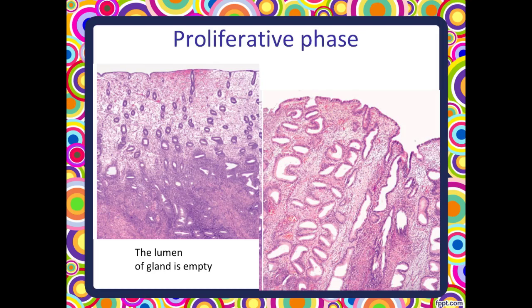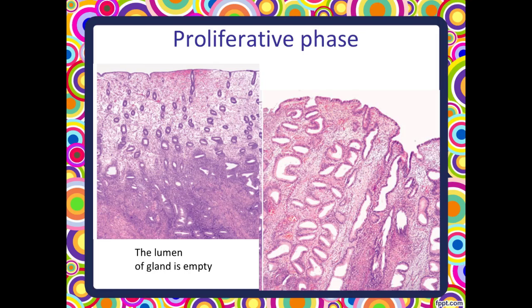The endometrium at the beginning of this phase is constituted only by a very thin basal layer, about 1 millimeter thick, and it contains only the basal portions, the depth of the uterine glands, and just the lower portions of the spiral arteries.